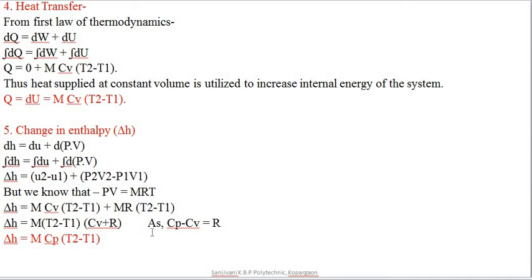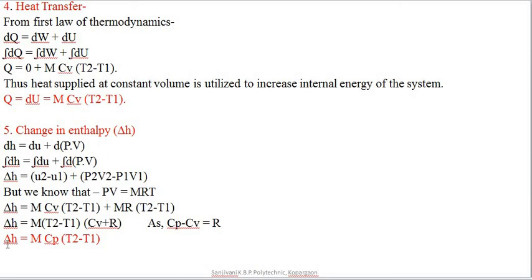So there is a relationship between the specific heats of the gas, Cp and Cv, and R. What is that relationship? Cp minus Cv is equal to capital R. So by using this formula, Cv plus R is nothing but Cp, so Cp is equal to R plus Cv.